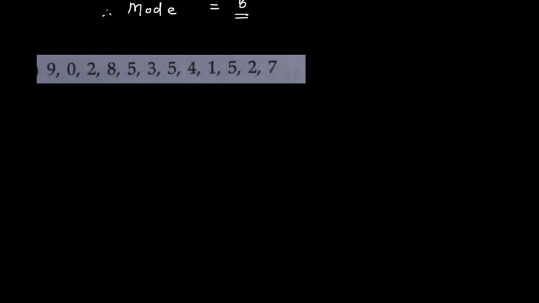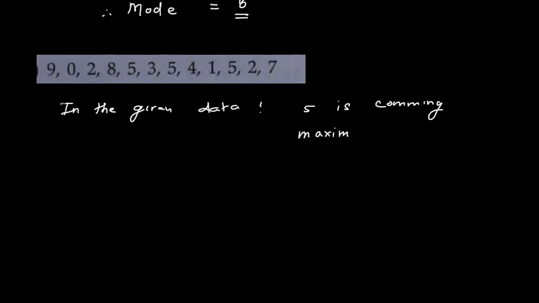So 5 is coming the maximum number of times. So in the given data, 5 is coming the maximum number of times. Therefore mode is equal to 5.